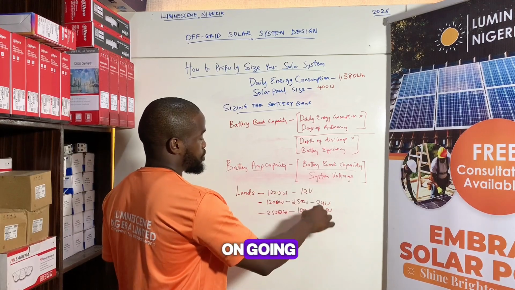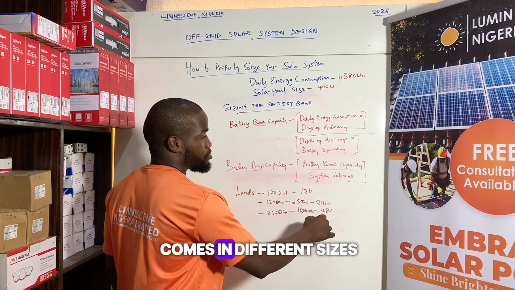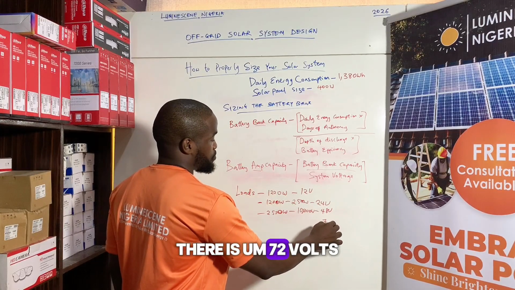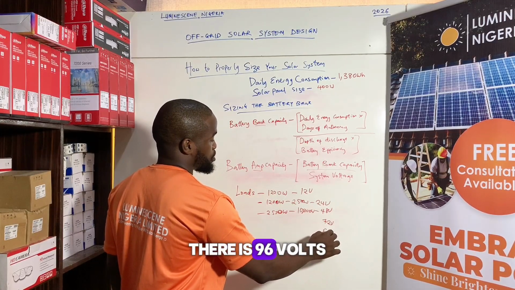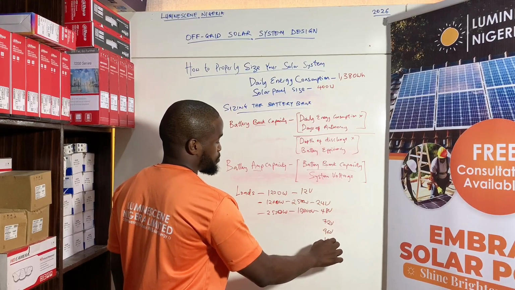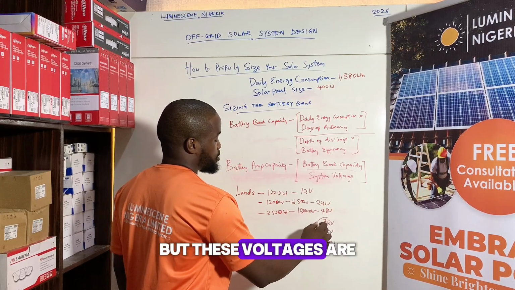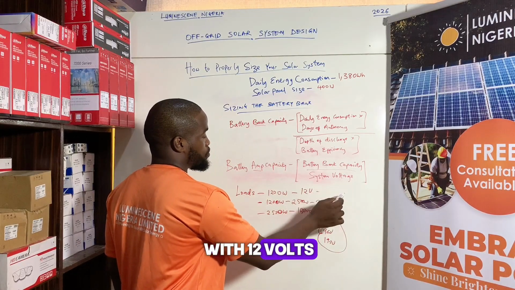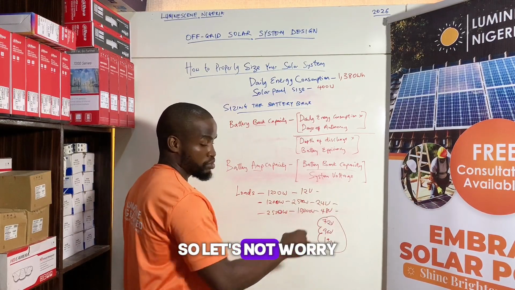Now it keeps on going. There are batteries that come in different sizes, there is 72 volts, there is 96 volts, and so on. But these voltages are not residential voltages, so we're only sticking with 12 volts, 24 volts, and 48 volts. So let's not worry about those ones.